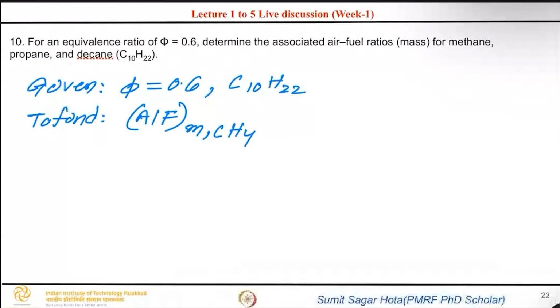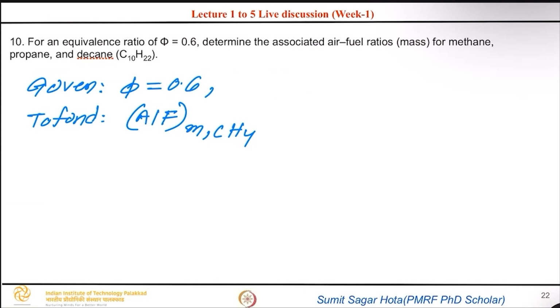It's written: determine the associated air-fuel ratio on a mass basis for methane and decane. Actually it's not only decane, I just made a mistake here. There are 3 fuels, so 3 cases.